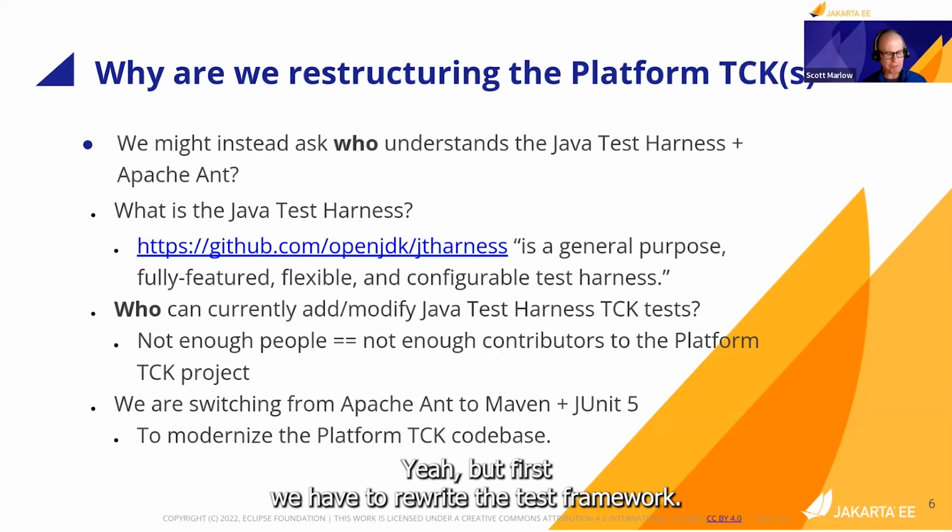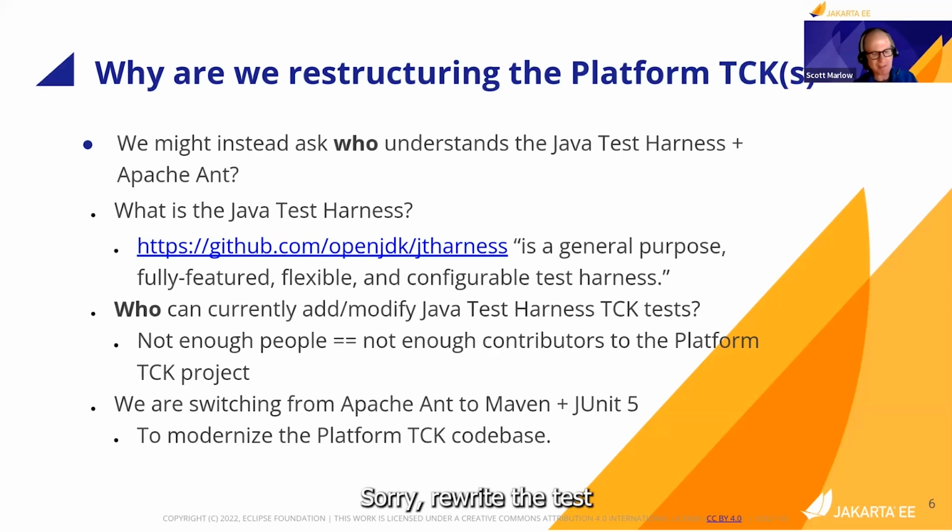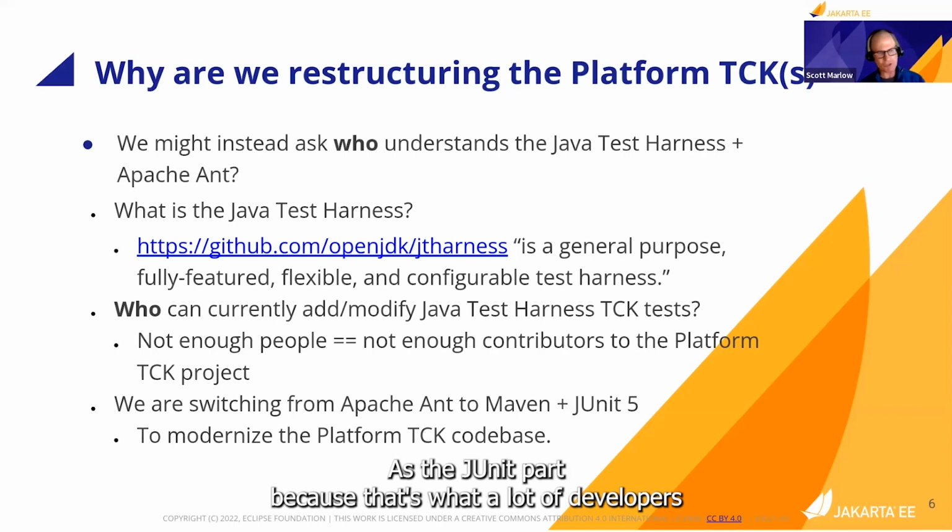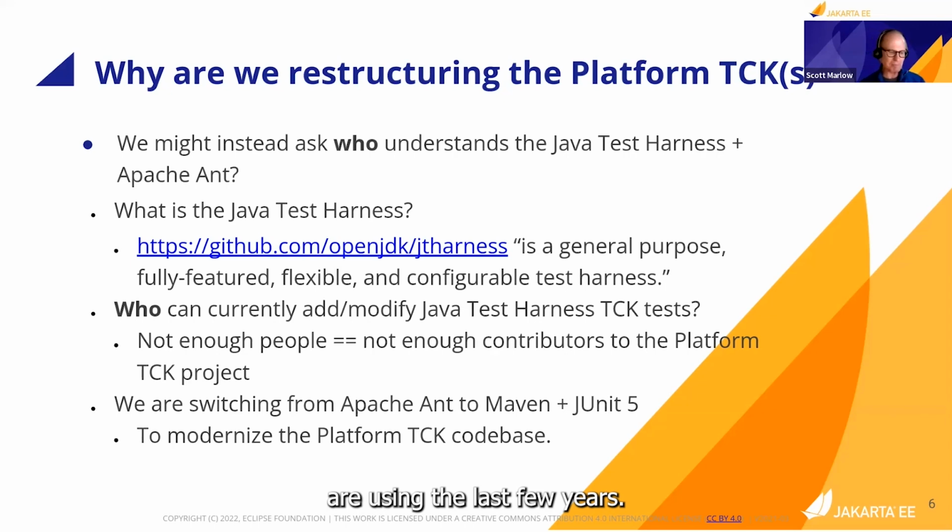But first we have to rewrite the tests to use JUnit 5 and to use Apache Maven. The Maven part isn't as important as the JUnit part, because that's what a lot of developers have been using the last few years. I think that's going to help, and that's why we're doing it.